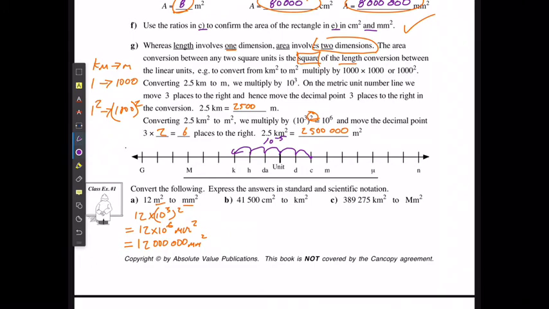If I'm doing the squared to the squared, then I'm going to say that this would be the same as 41500 times 10 to the power of negative 5 squared, which is going to give me 41500 times 10 to the power of negative 10. I would state this would be 0.00000415 kilometers squared.